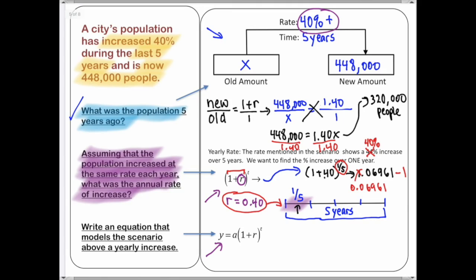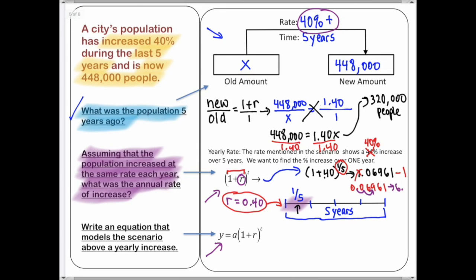Then we want to turn that into a percent, because it's asking us now for an answer. What is the rate per year, assuming the rate was increasing the same every year? So this time we take the decimal place and go 2 places to the right, and that gives us this amount. I'm going to take it out to the nearest hundredth.